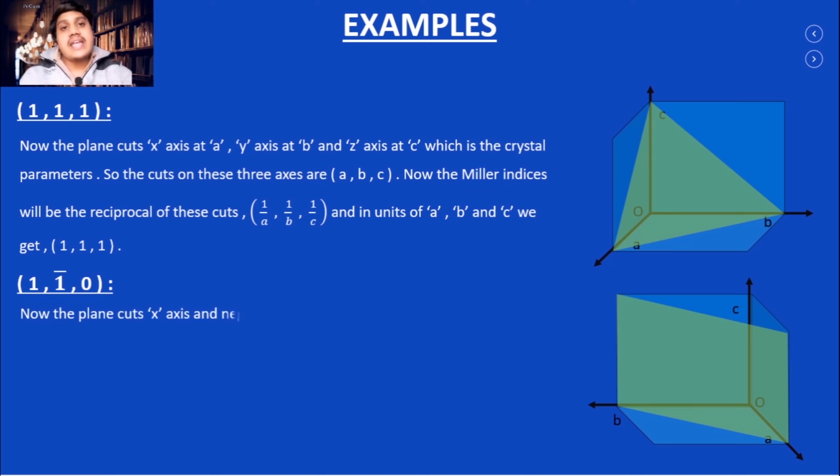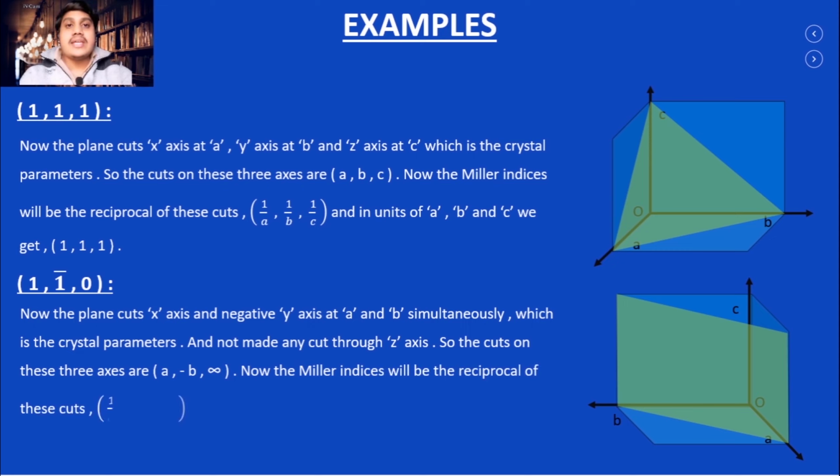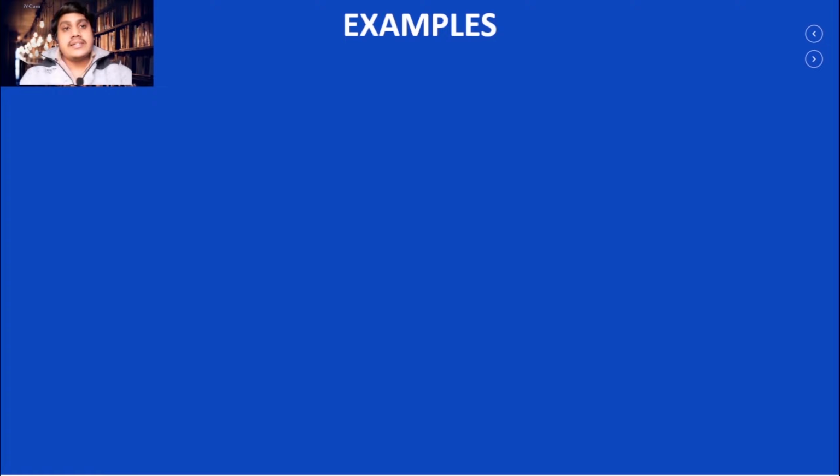So the cuts are A, minus B, and infinity. Taking the reciprocal and the ratio of them, we get 1 by A is to minus 1 by B is to 0, and in the unit of A, B, and C, we get 1, 1 bar, 0. Here we refer to the negative cuts as 1 bar. So the Miller indices of this plane, which has a cut with the negative y-axis, is 1, 1 bar, and 0.